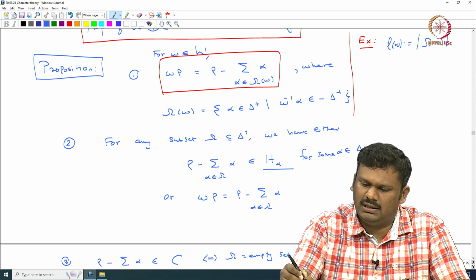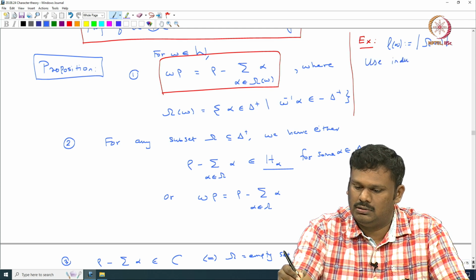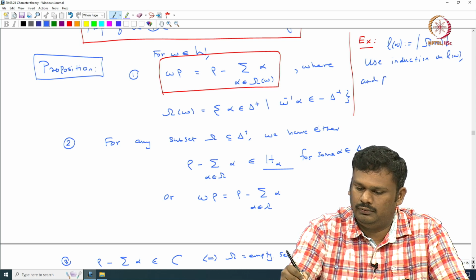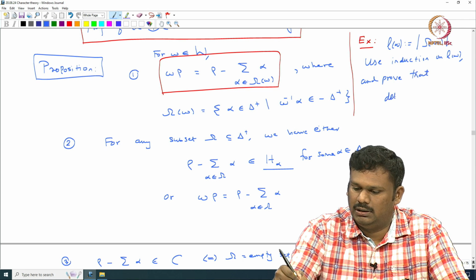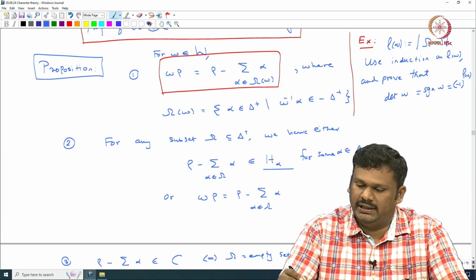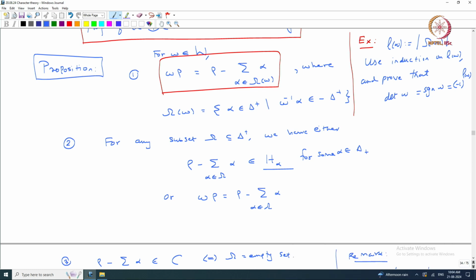Now if we take this to be the definition, then using induction on the length of W one can prove that the determinant of W, which is the same as the sign of W, is nothing but minus 1 to the power length of W. The determinant is given by representing each W as an element of the Weyl group, which is a subgroup of GL of E. So the sign is given by the sign of the permutation, and we are saying that is the same as minus 1 to the power length of W. It is a very simple exercise.